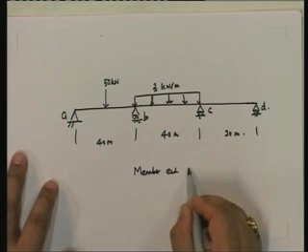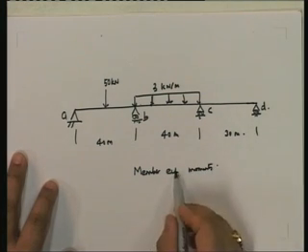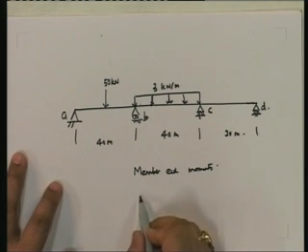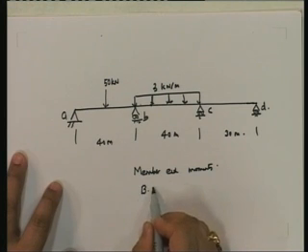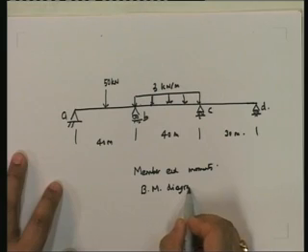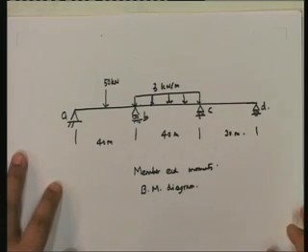So I ultimately want you to get the member end moments, okay, and ultimately the bending moment diagram, using all modified stiffnesses and distribution factors that you can use in this particular case.